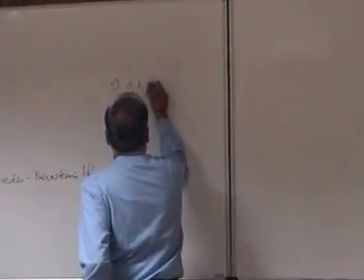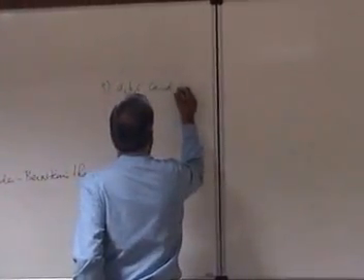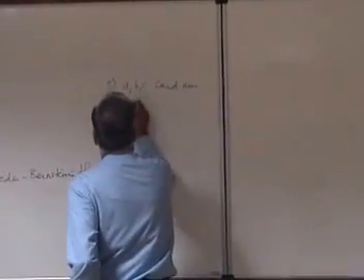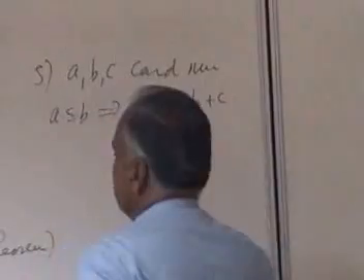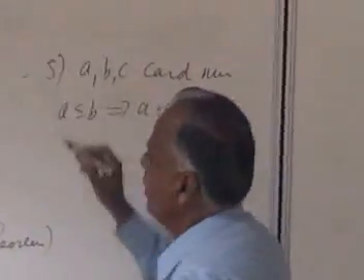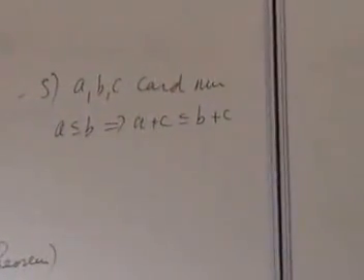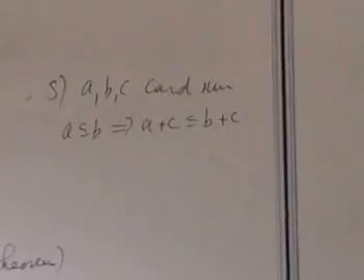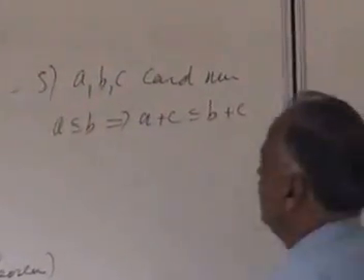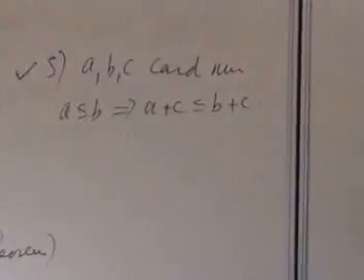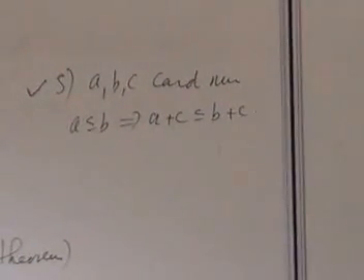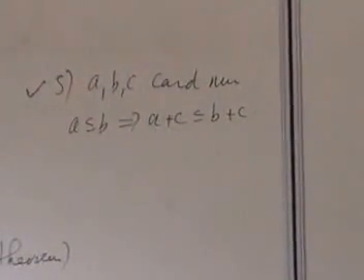A, B, C cardinal numbers. A less than or equal to B implies A plus C less than or equal to B plus C. Even these are all easy. Try to prove this. Again, get a realization of A as a set, of B as a set, of C as a set, and work with those sets.